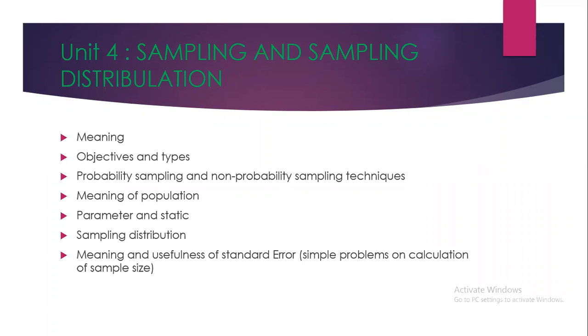These are all things we discuss in the fourth unit, that is what we call sampling and sampling distribution. In this unit, we are getting the optional 14 marks question and importantly 6 marks questions.